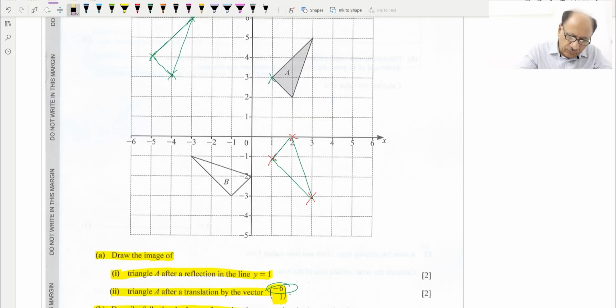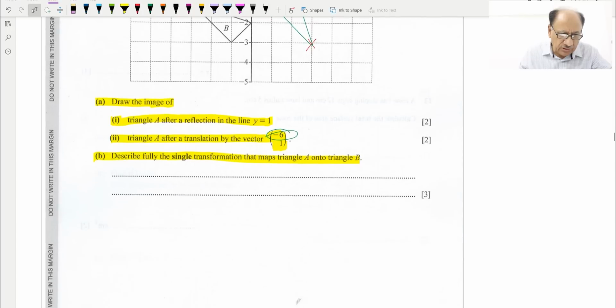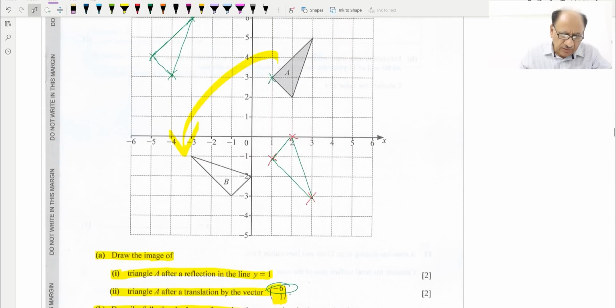So from this side to this side, like this one, rotated anti-clockwise. The center of rotation, if you check, is (3, -1).